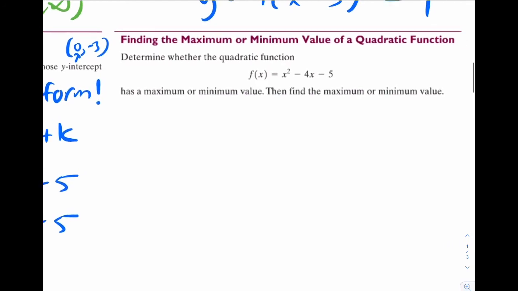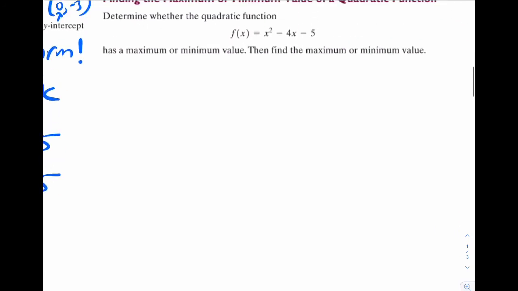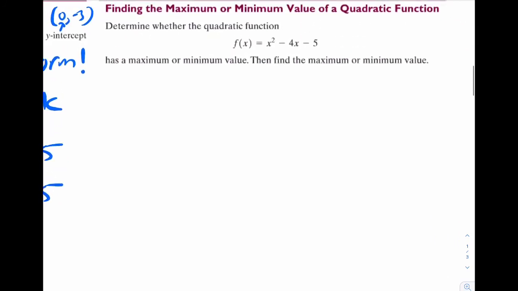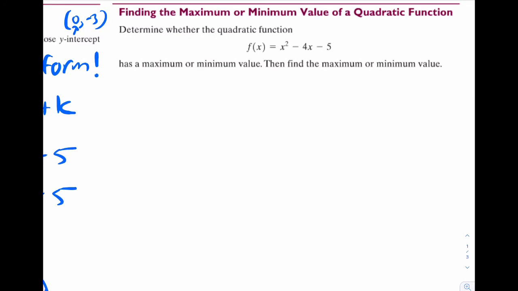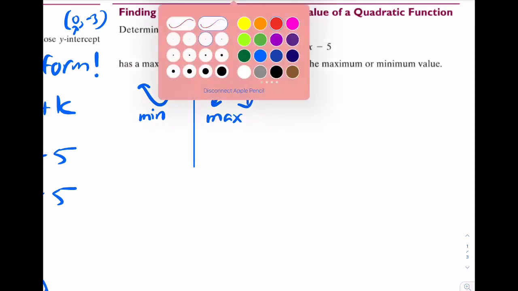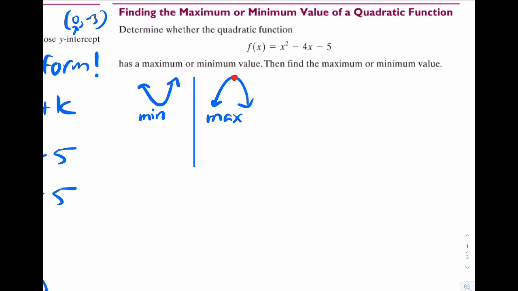Now the last one, it says determine whether the quadratic function has a max or a minimum value. So in your mind, all you have to do is really picture the parabola. If it looks like this, that has a minimum. If it looks like this, that clearly has a maximum. And we're referring to the vertex point. So that's your highest point, that's your max, and your min is the lowest point.